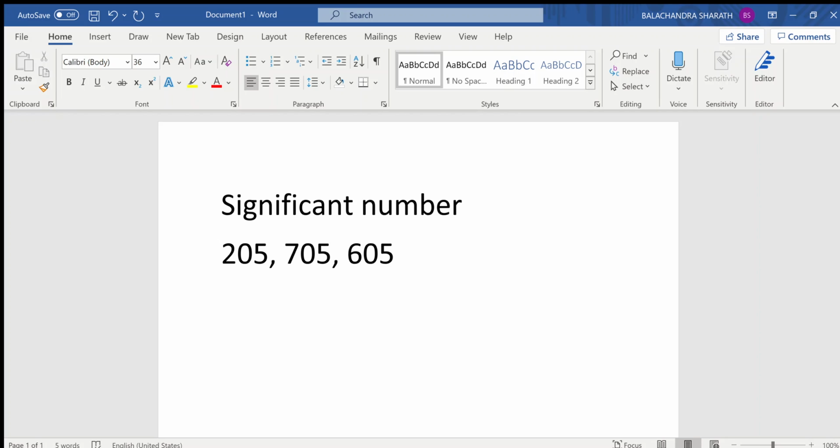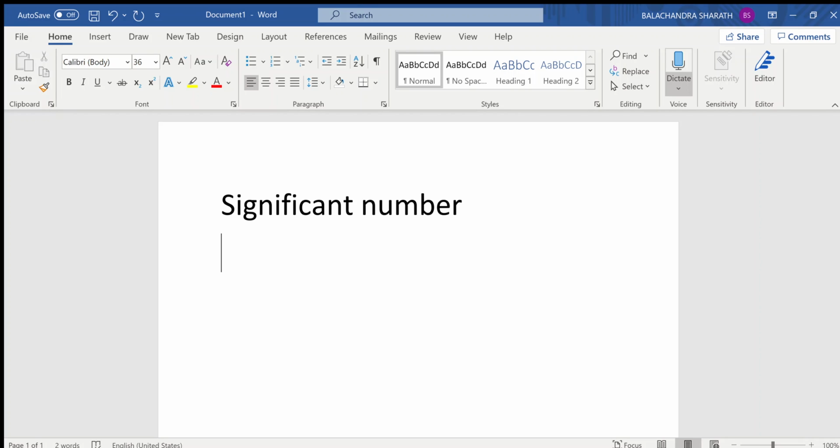You get it. Because clearly 205 is not the same as 25, and 705 is not the same as 75. So you have to take the 0 as significant in this case.